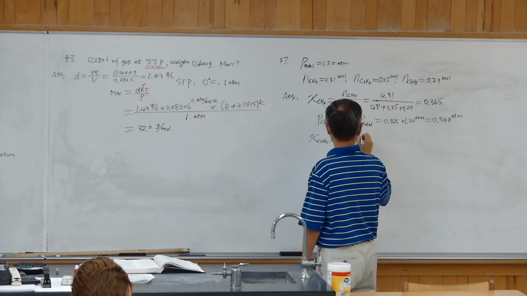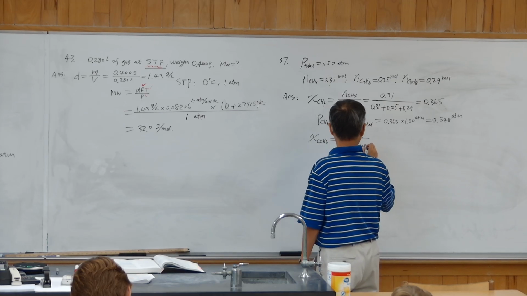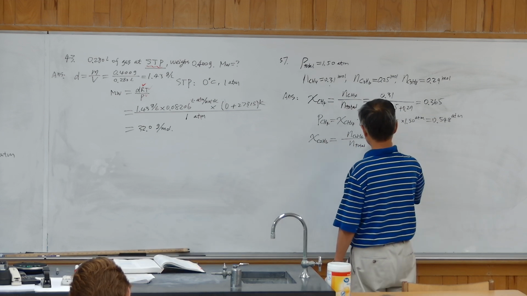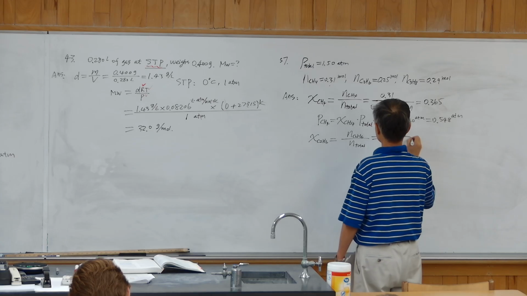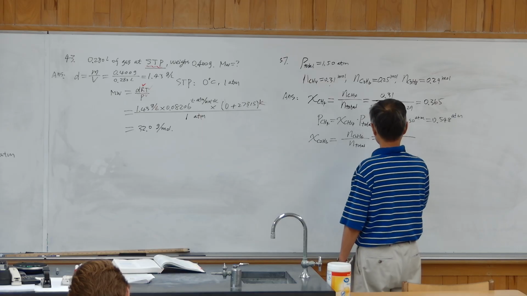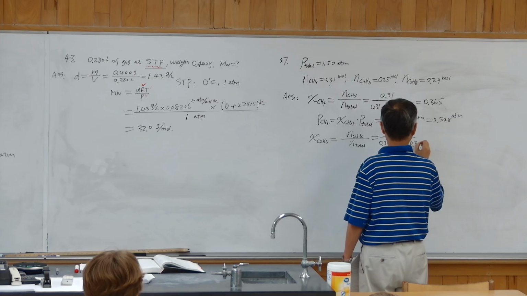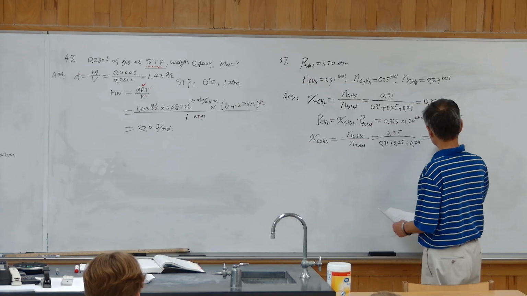Then similarly for C2H6, you need to calculate the mole fraction first: moles of C2H6 divided by total moles. Moles of C2H6 is 0.25. Total moles same as here, 0.31 plus 0.25 plus 0.29. This will be 0.294.